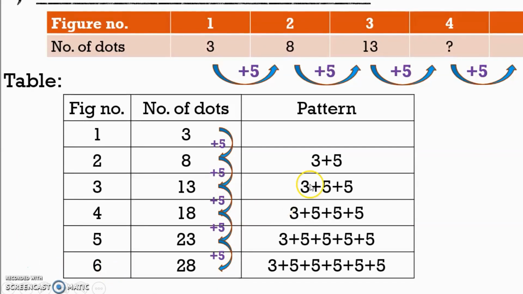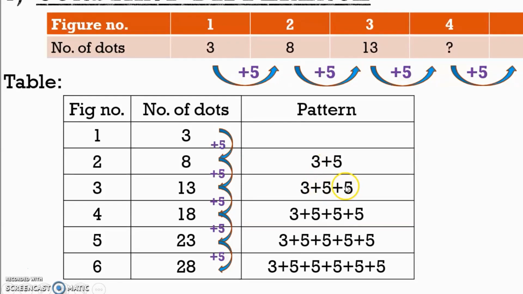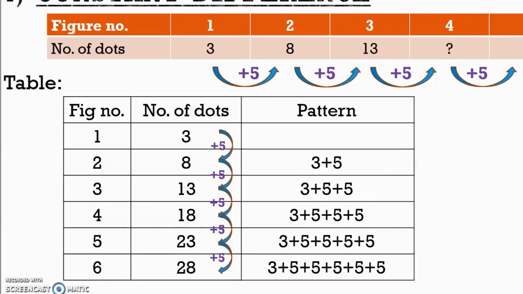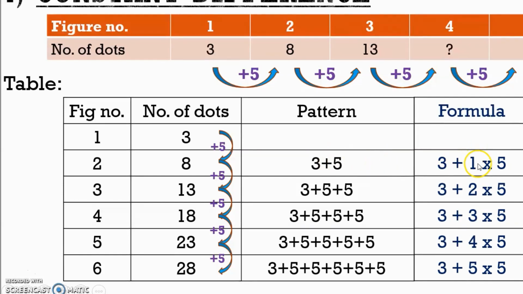So for figure 2, it is plus 5. The next one is plus 5 from figure 2 and add another 5. And so on. With this column here, we can see a pattern. And add on another column like this.